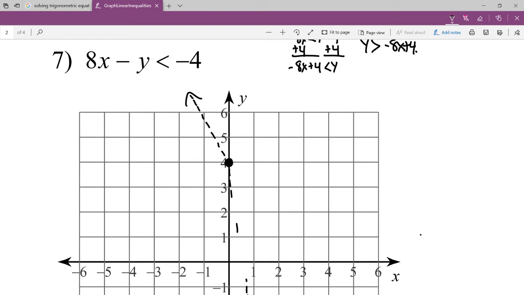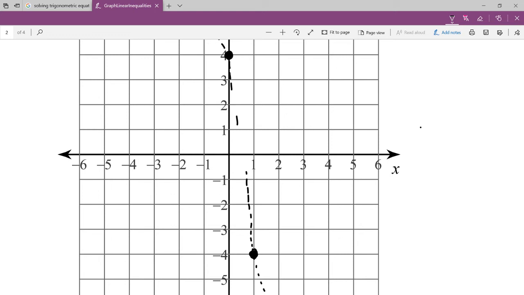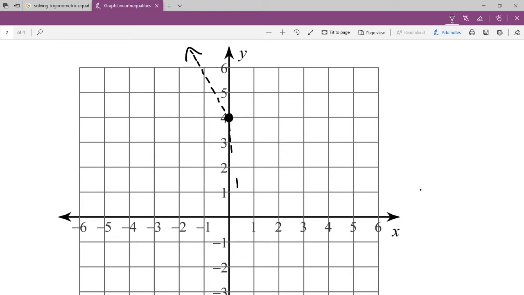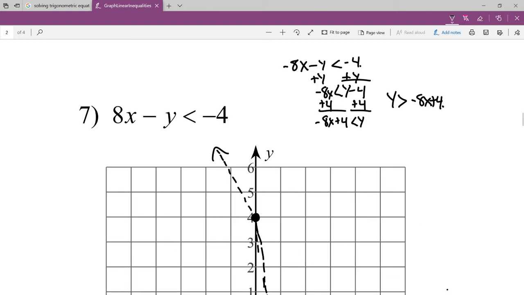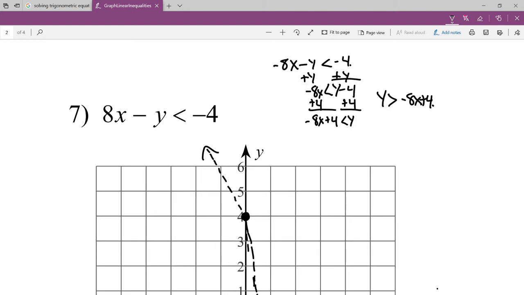Give me a second, guys, hold on. But you basically want to draw a dashed line. This one's not perfect.